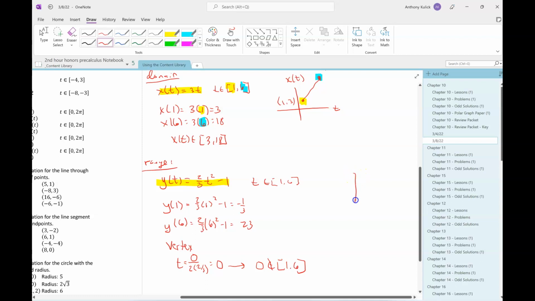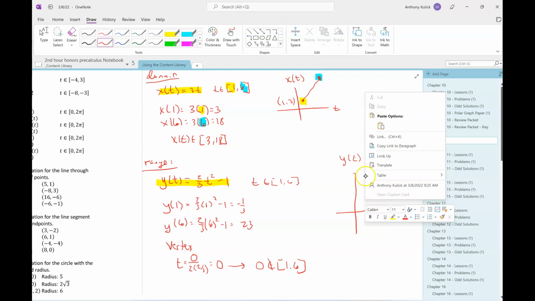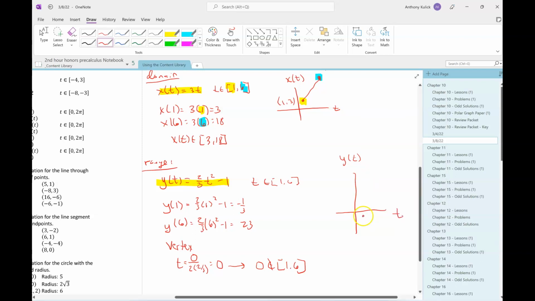Really what we have, if I were to graph this, here's our quadratic, and then the vertex would be over here.